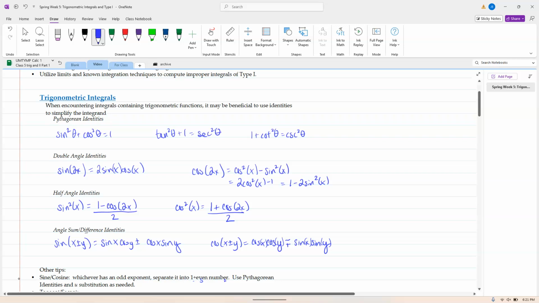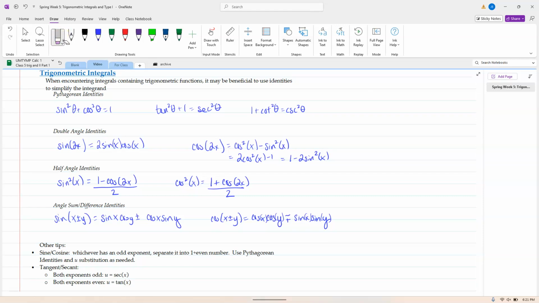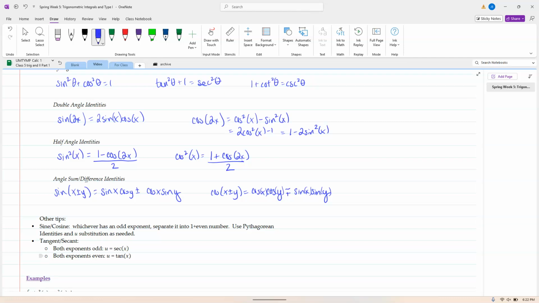And then some other things when we are thinking about trigonometric integrals or integrals involving trig functions. Some tips. Secant and tangent, we don't do this a lot, but if you have both odd exponents, you have to do a u substitution with secant, both even, tangent. In terms of sine and cosine, if we're looking at one of them having an odd exponent, you'd separate it into 1 plus an even number.